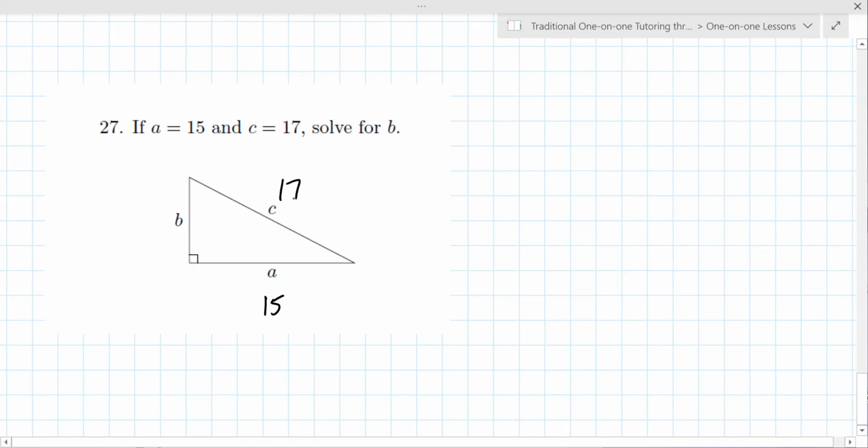And then B, this time we don't know. But the equation is, what's the equation I've been writing in every single problem? What's the Pythagorean theorem? You've got to write it this way: A squared plus B squared equals C squared. You've got to write it this way.